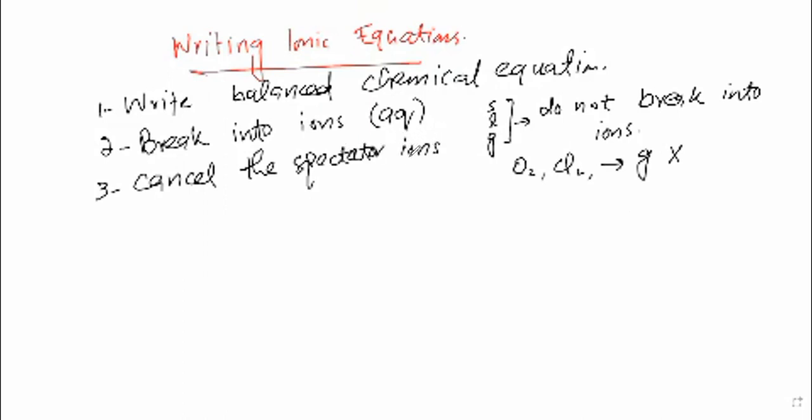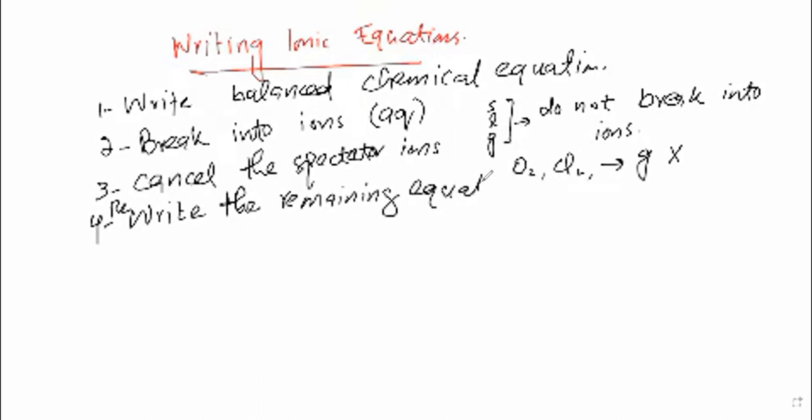The ions which are the same on both sides, we will cancel them. Write the remaining equation. Sorry, we can say rewrite the remaining equation, and that remaining equation will be the balanced ionic equation.